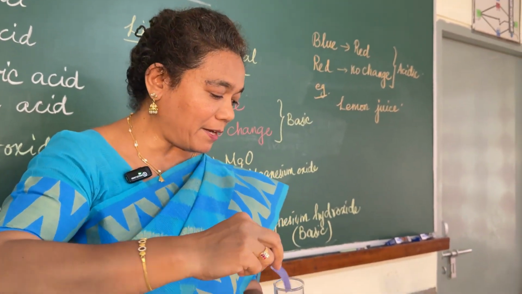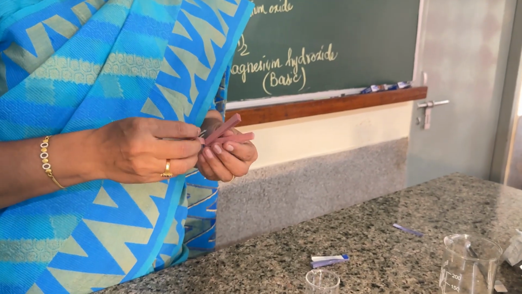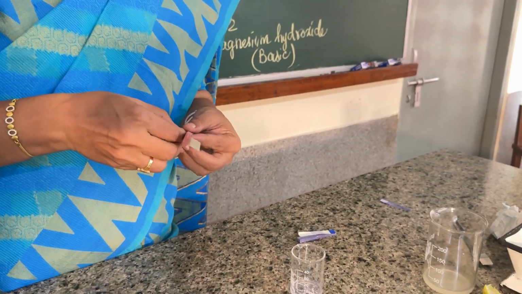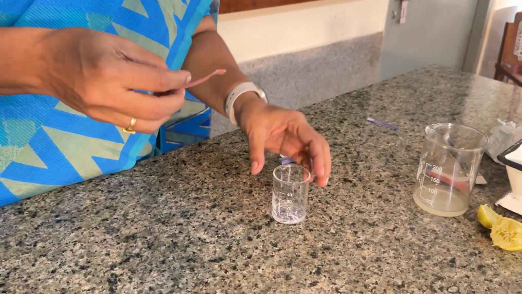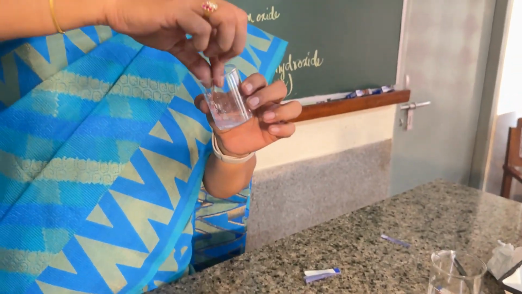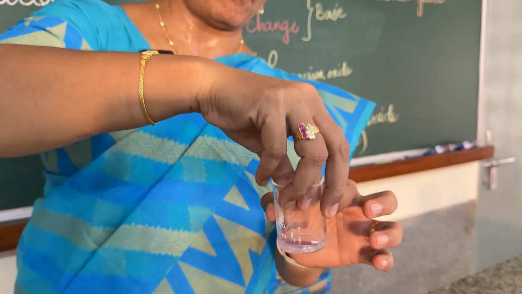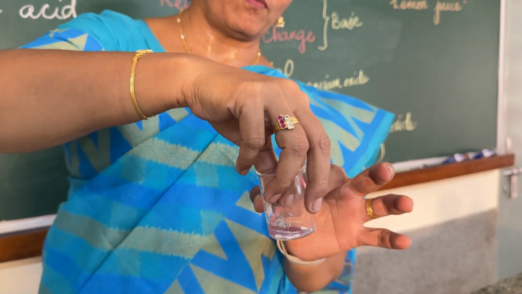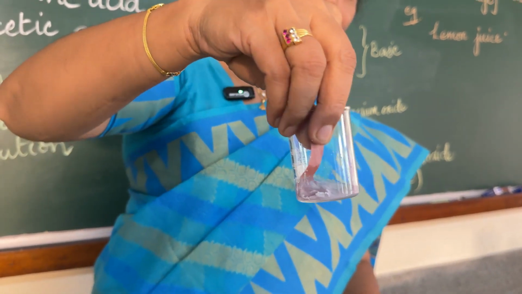Now when we dip the red litmus paper, see what is happening. This is red litmus paper. When we dip this red litmus paper, the color changes into blue.